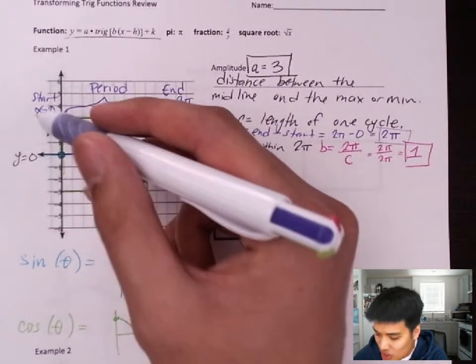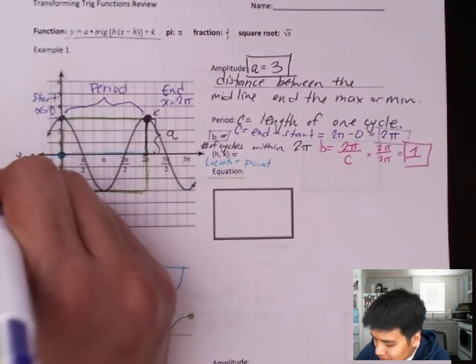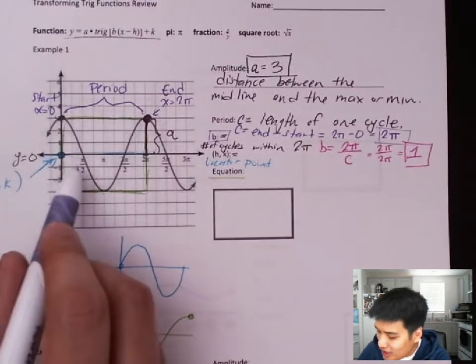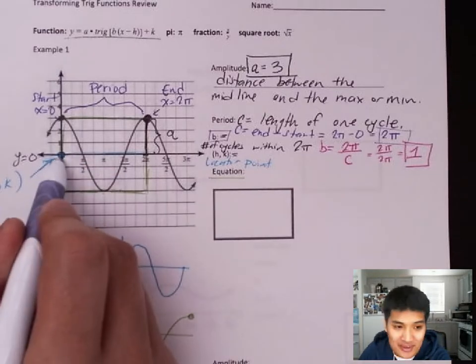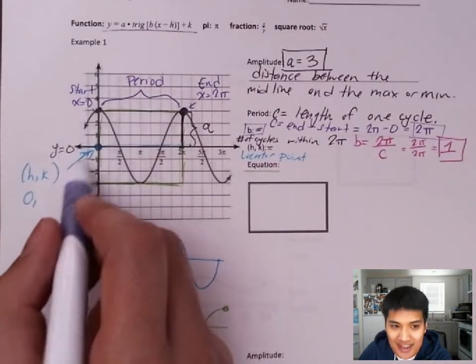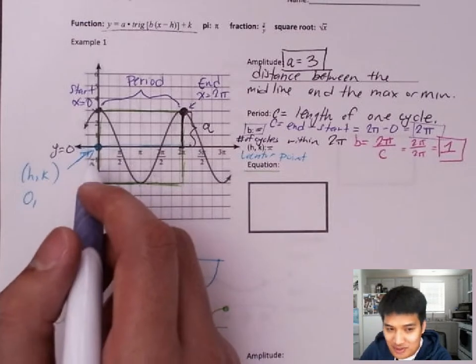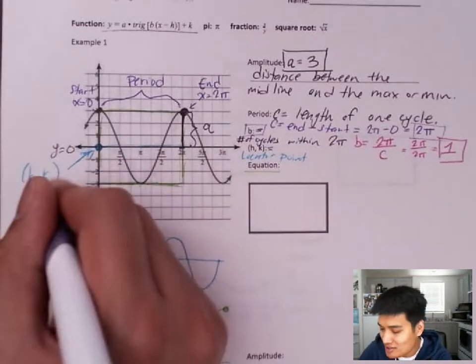So in this case, our h and k value is going to be this point here, and our h, where we start, is actually going to be 0, because that's the x value at 0, and then the k value will also still be 0, because remember, it's located on the midline, and as you can see, the midline here is going to be 0.